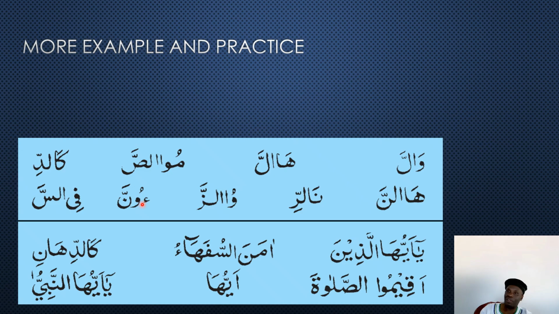You ignore the prolonging here. Fa kasra with ya with alif, you were supposed to pull here fi, but because of that shadda here, it's going to be fissa. Right, so let's get some of the examples from the Quran.